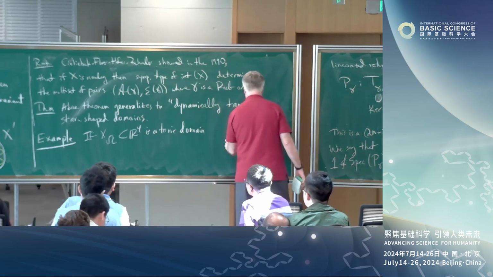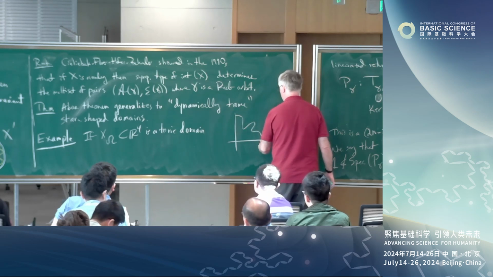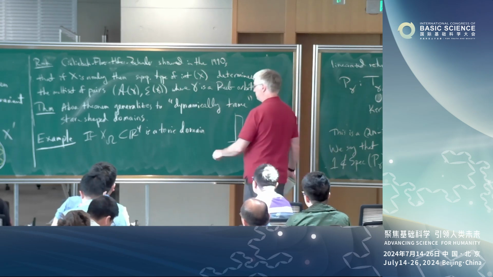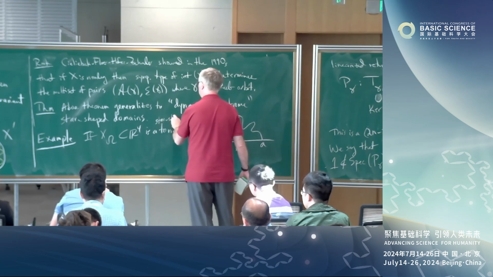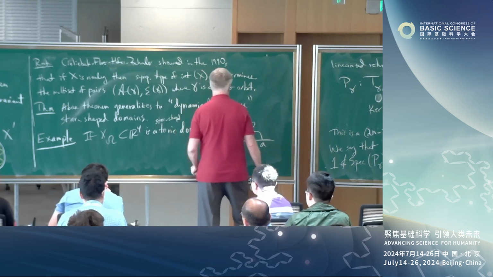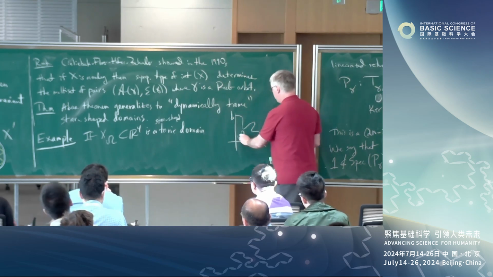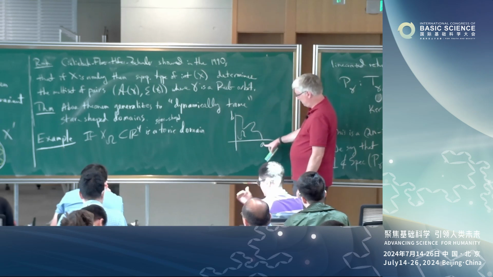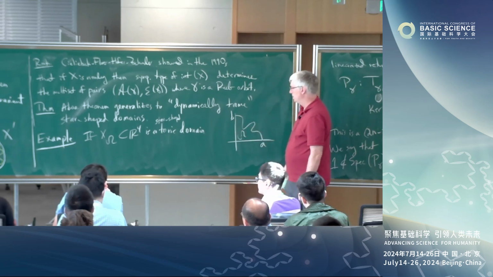so now I'll draw it like this. It doesn't have to be convex or concave. I guess it has to be star-shaped. So it has some boundary curve which meets the x-axis at the point (a, 0) and meets the y-axis at the point (0, b).